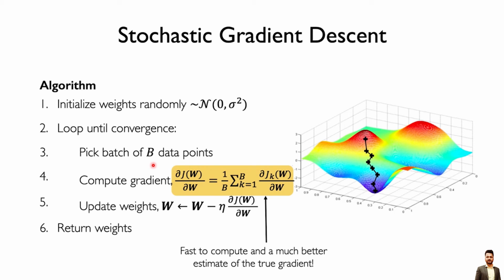You are not computing it for the full data set, but let's say that you had 100 points. You were initially taking all 100 points and computing it every time, and you were reaching the global minima point maximum times, saying that yes, I am reaching the point of lowest loss value. But now the better way is that you pick randomly 10 points out of it rather than the full 100 points.